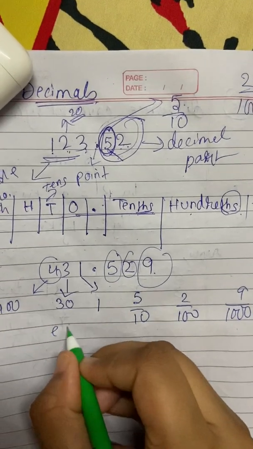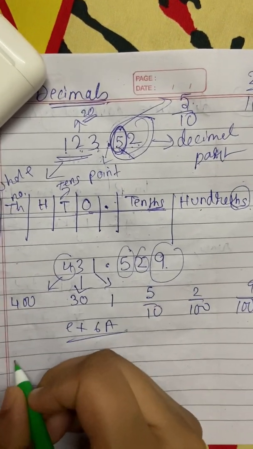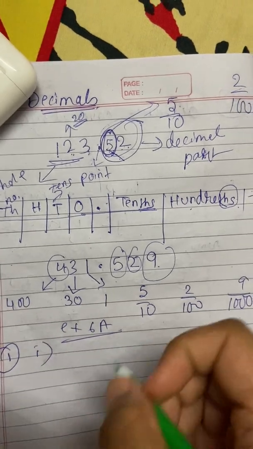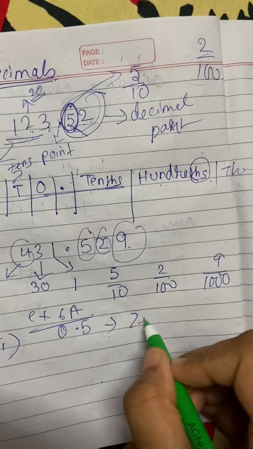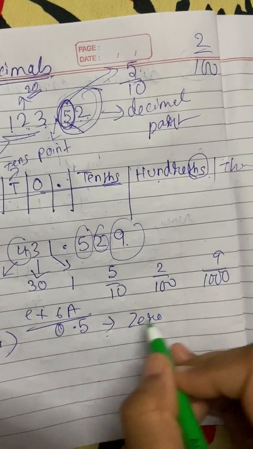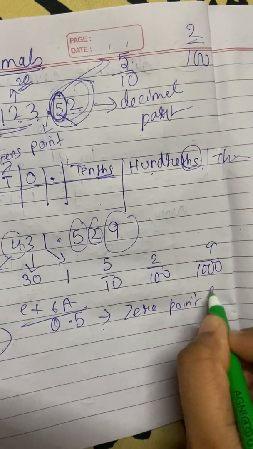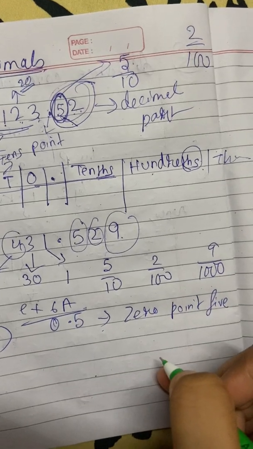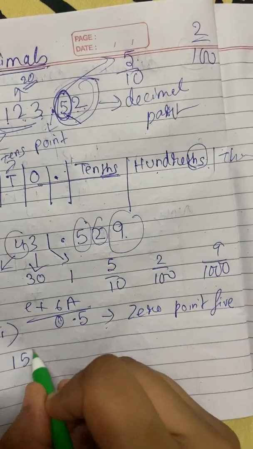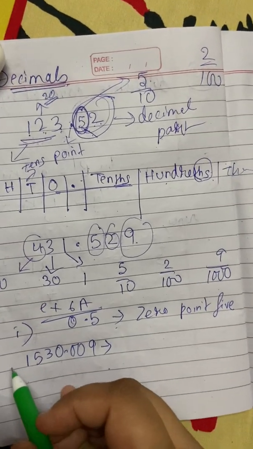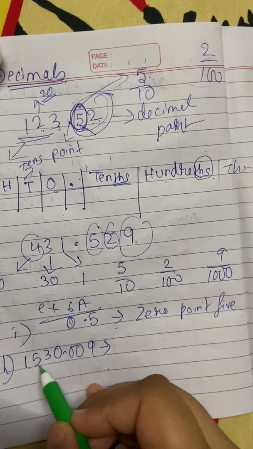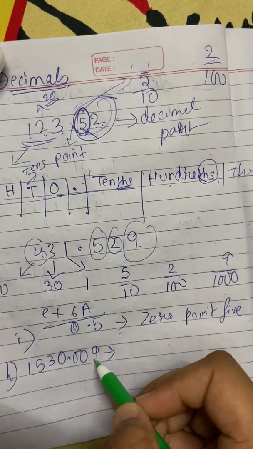Now exercise 6a. The first question is write in words. So 0.5. In words you will write zero point five. Similarly 1530.009. So how will we read this? 1530.009.